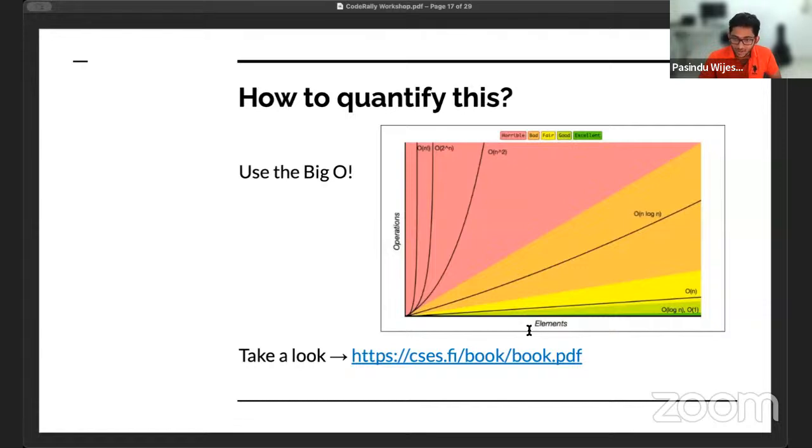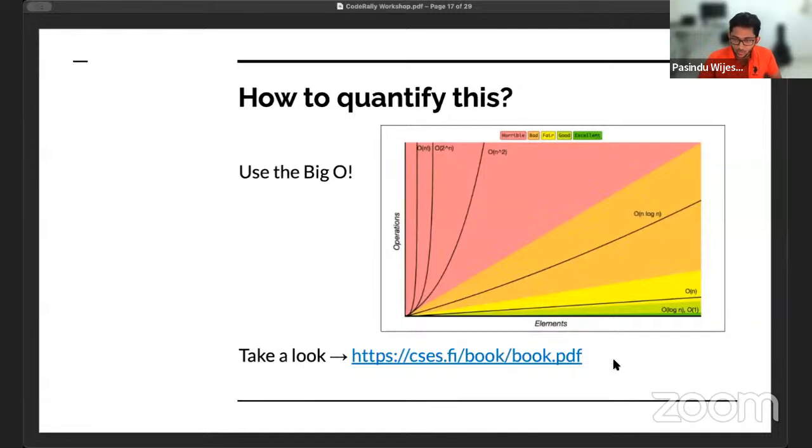That is, no matter how many elements you have in the problem, you only consume a constant amount of space or time. A log n is not as good as constant time, but it's going to consume only log n time. So if you had 1024 as n, going by base 2, it's going to do about 10 operations. Then we have linear time, then linearithmic time, which is n log n, and then polynomial, exponential, and factorial.